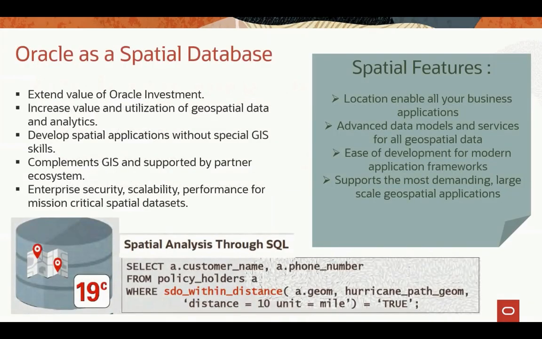So spatial data is an integral part of almost every database. Any business data that includes location is spatial data. Sensors and satellites are generating massive spatial data sets which need to be analyzed, managed, and processed.